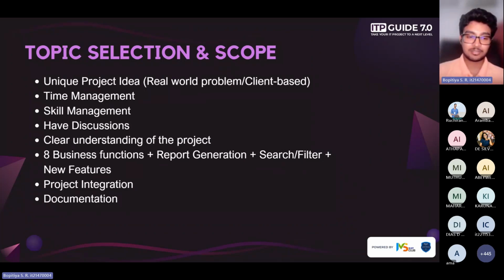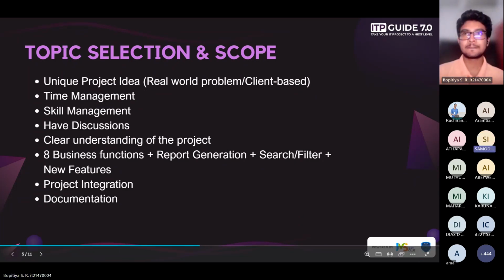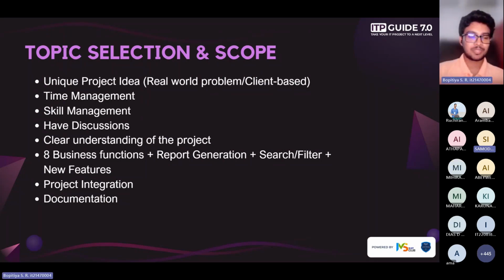And the next part is very critical, integration of the project. Yeah, the integration of the project is very important, because you can do all the work individually, but it's very difficult to combine them all together.